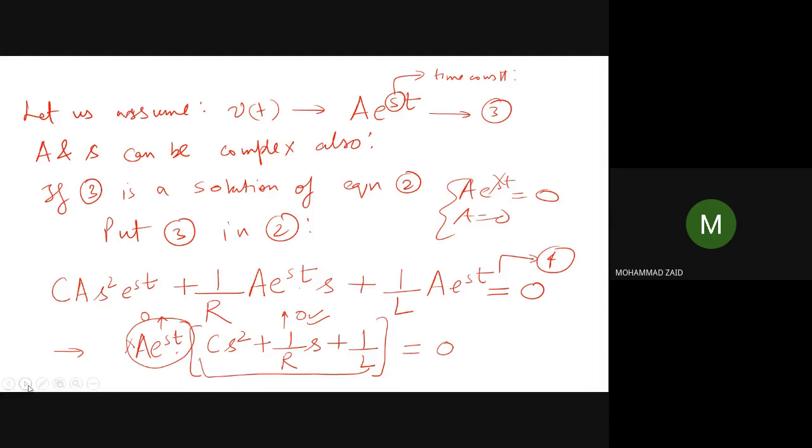So let us assume that Cs² + 1/(Rs) + 1/L is equal to 0. Remember that s is a complex constant. Okay, so it is a differential equation.